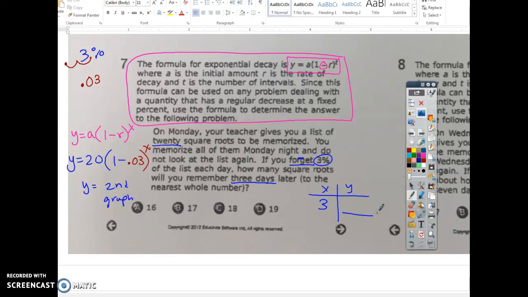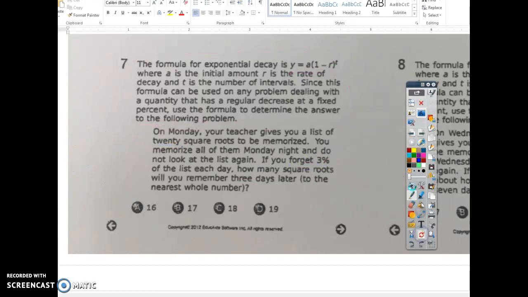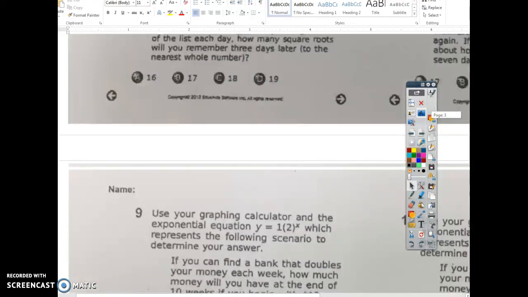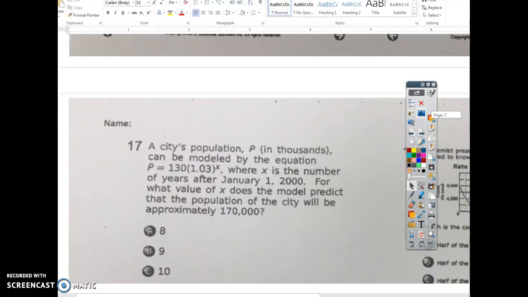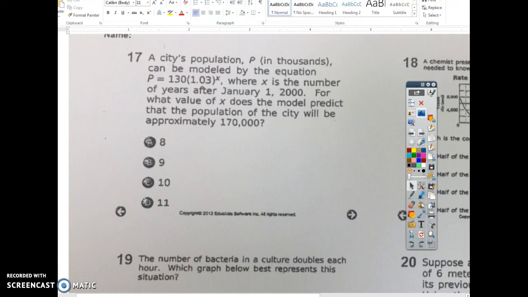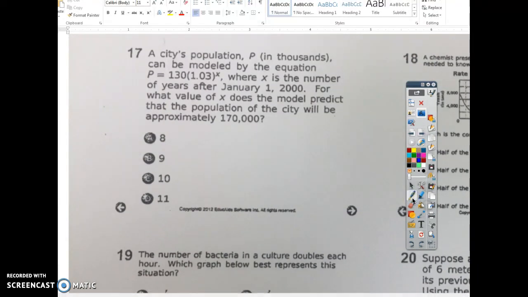Okay, let's go look at problem number 17. They gave you the equation already, so you know that you're going to put that in y equals, second graph. But the reason why I'm doing this one with you is because it says that it's going to be in thousands.